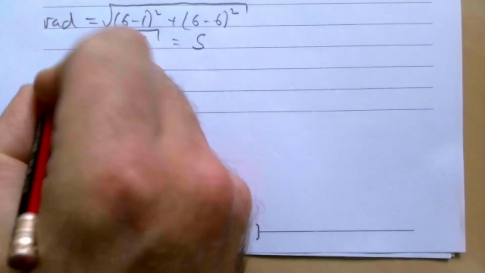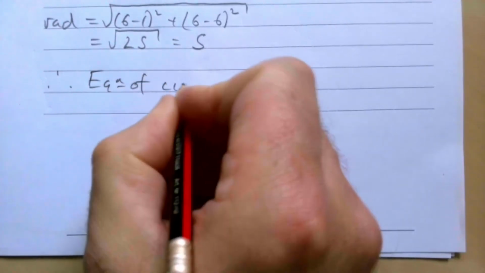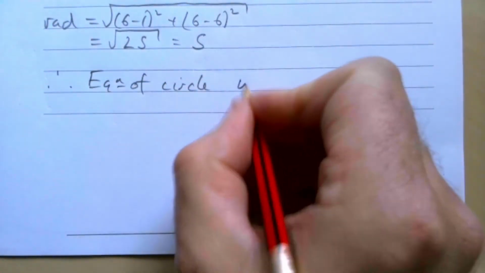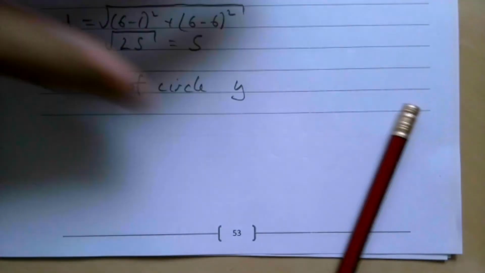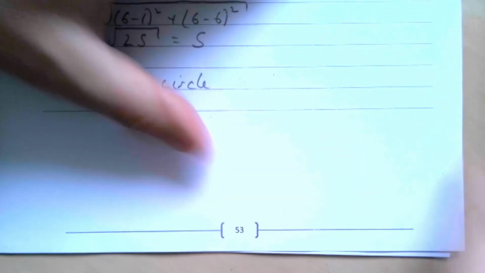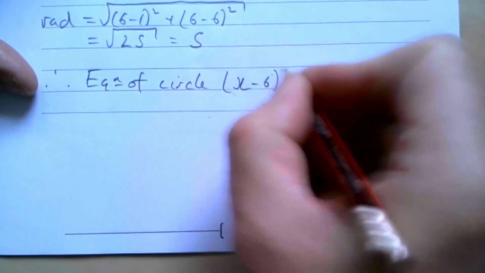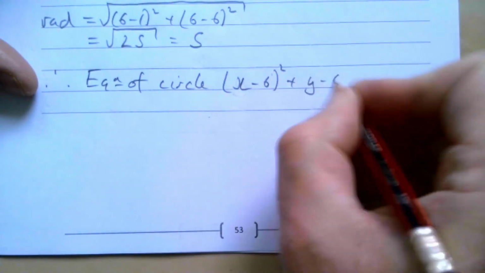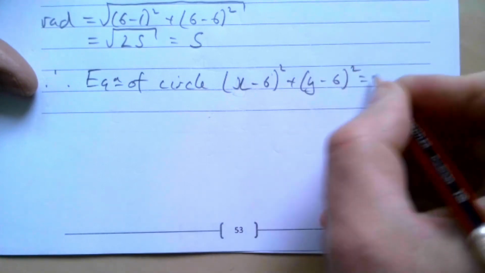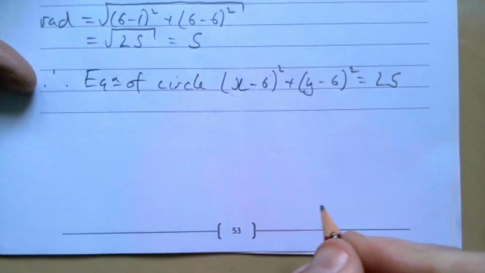So my equation of the circle then is x minus 6 all squared plus y minus 6 all squared equals 25.